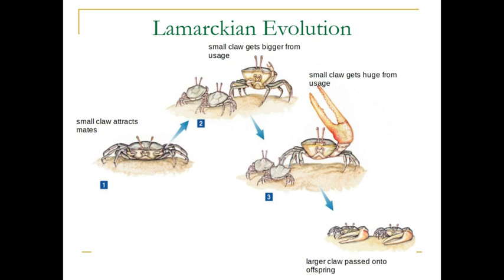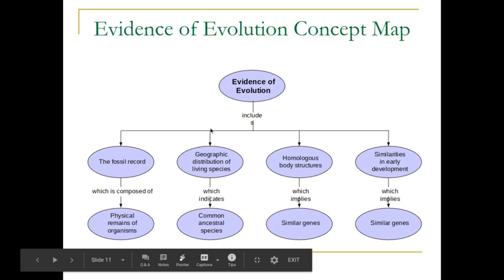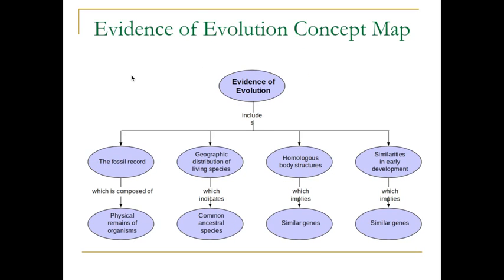So that claw gets bigger, and over successive generations, that claw becomes larger and larger until all offspring end up having this larger claw. That doesn't necessarily ring true, however, with the evidence that we have.